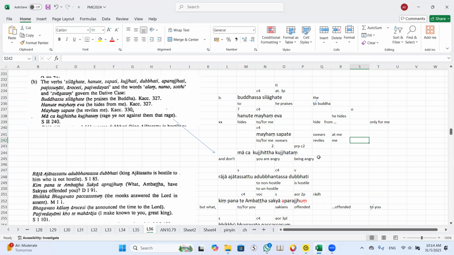In this case, because angry is not a verb, it's a noun, you need a verb to be, because this is a verb and this is also a verb. This is PRP, so you can use being or been. This is past tense.